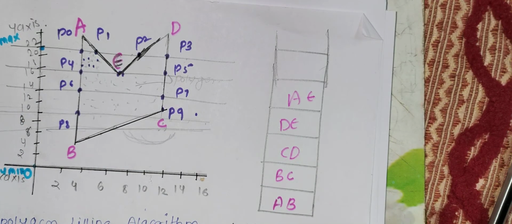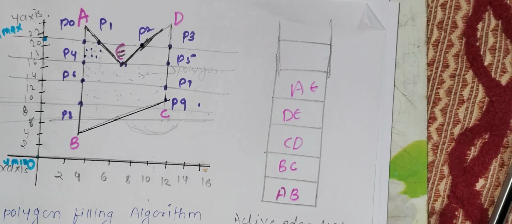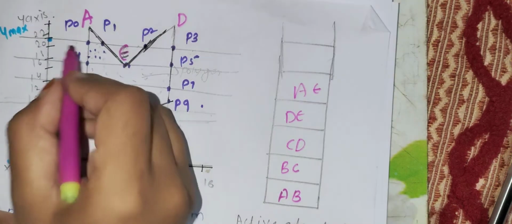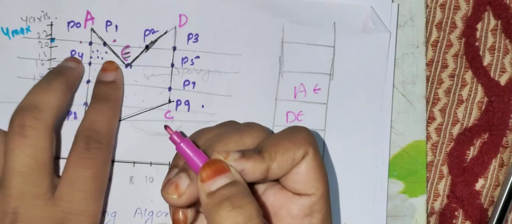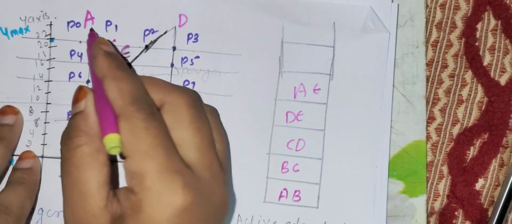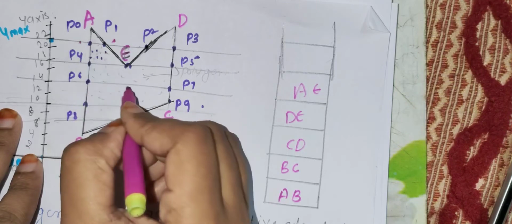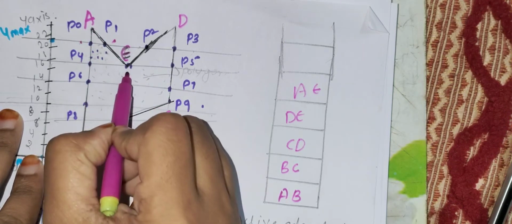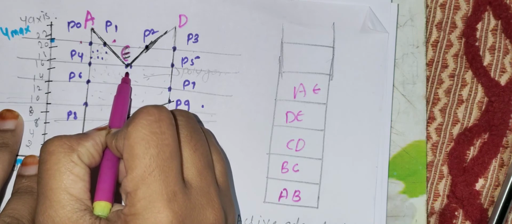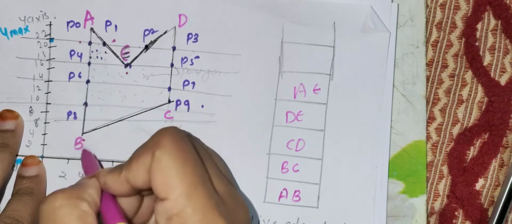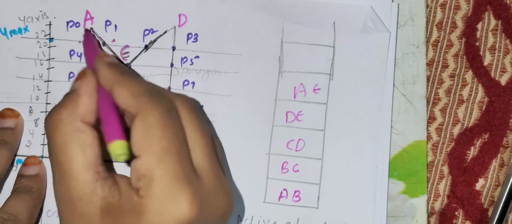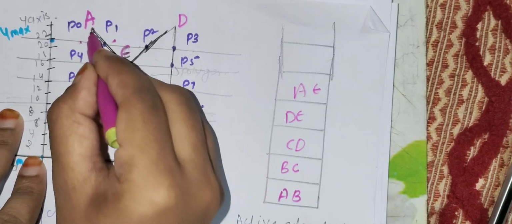Firstly we find the pair, that is P0 and P1. P0 and P1 are from which edges? From the AB edge and the AE edge. From AB and AE we find the P0 and P1 intersection points. So this area we have to fill.